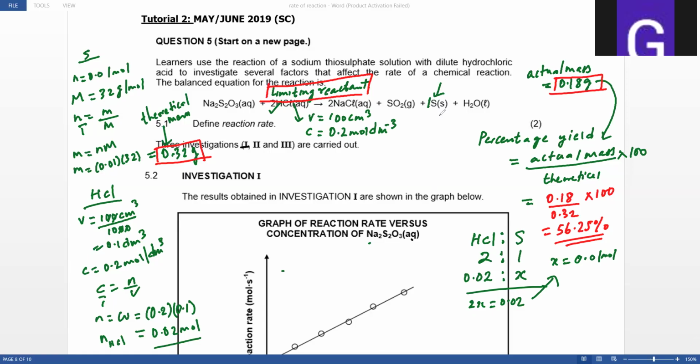So we have percentage yield, and there's also what is called percentage purity. Where we take the mass of a pure substance and divide by the mass of the impure substance.